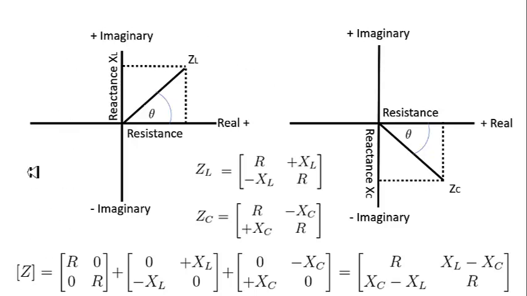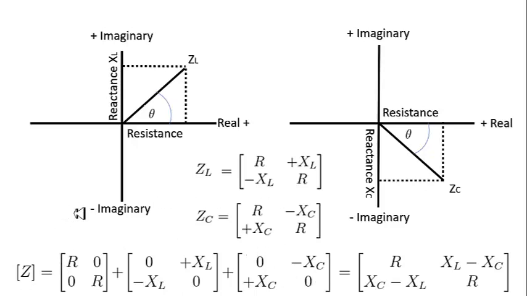So what I would do if I were doing this using modified complex numbers is, the resistor is on the forward diagonal, so I put it in its own matrix, and I put the inductive reactance in its own matrix, and I put the capacitive reactance in its own matrix, and then you just add them all together.